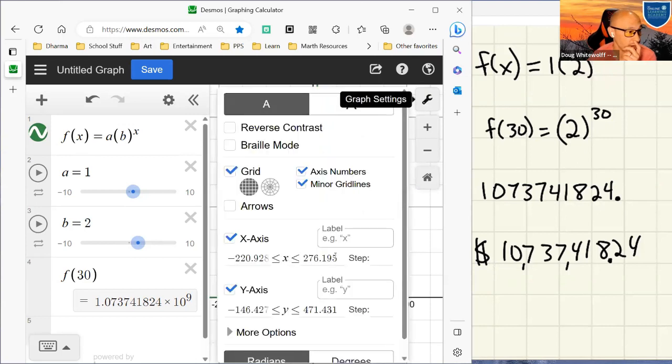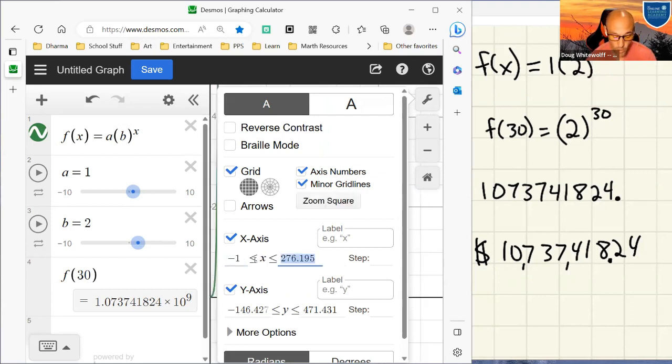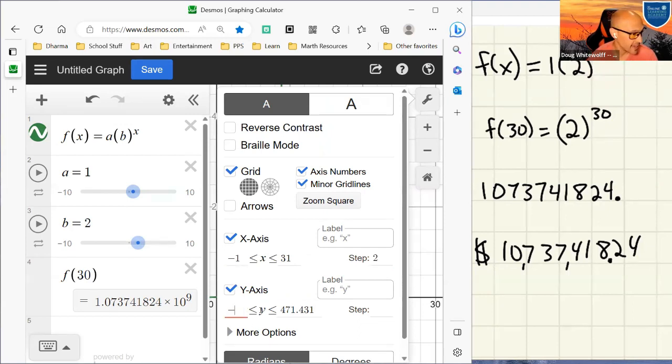So then we can go in here and say, our X values are going to go from -1 to, we only want to go to 30, we'll go to 31 and do steps of 2. And our Y axis, we're going to go from negative, probably 10,000 in order to really see it, up to 11 million.